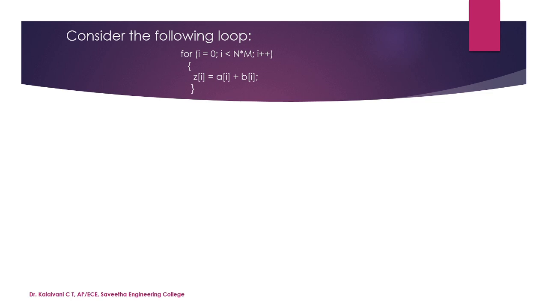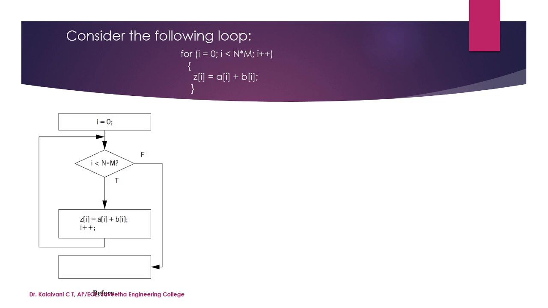It is a little tough to find just by seeing the program, so we will analyze using a control flow graph. You are very familiar with the control flow graph, and this is the control flow graph for the program. We analyze: if i is less than or equal to n into m, then we execute it; if it is false, it goes to the next instruction. Now see here, n into m will also be repeated n into m minus 1 times.